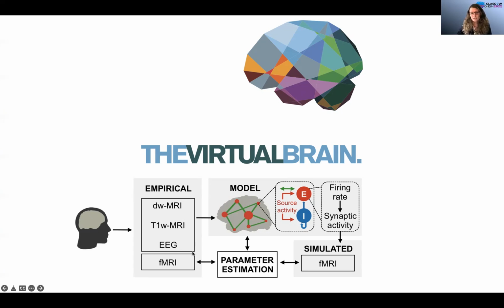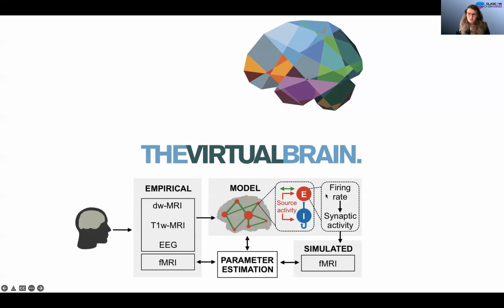And also we like to have functional data of an individual to make sure that what comes out of the virtual brain, the functional network, is actually similar to the empirical data of the individual subject. So the ingredients are data as an input, and then simulated data as an output.